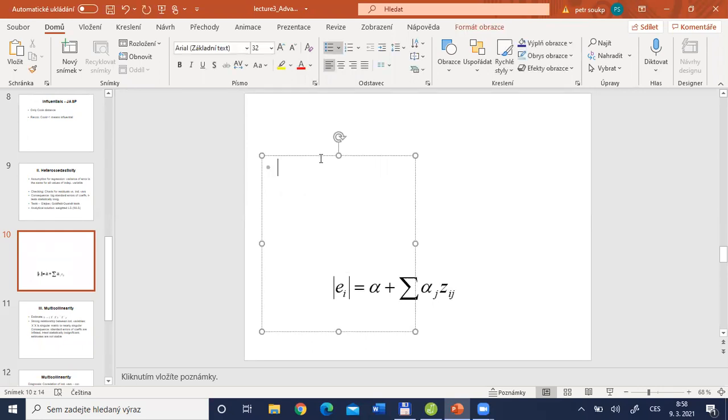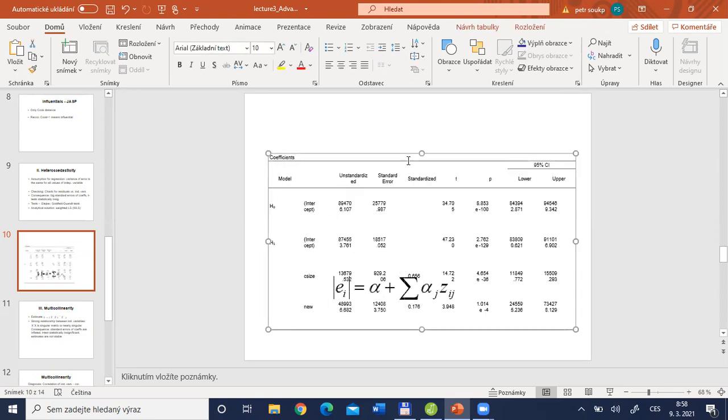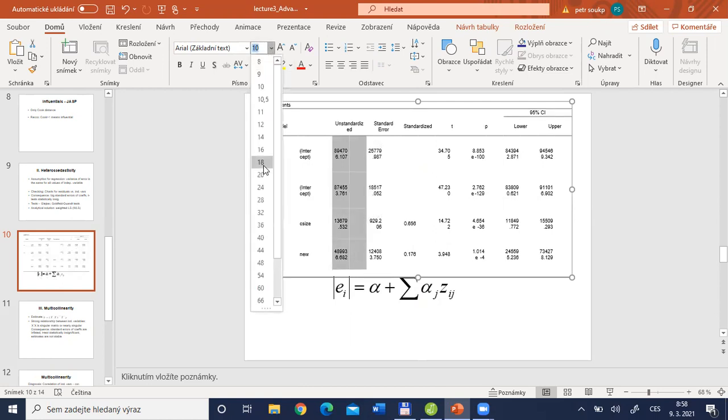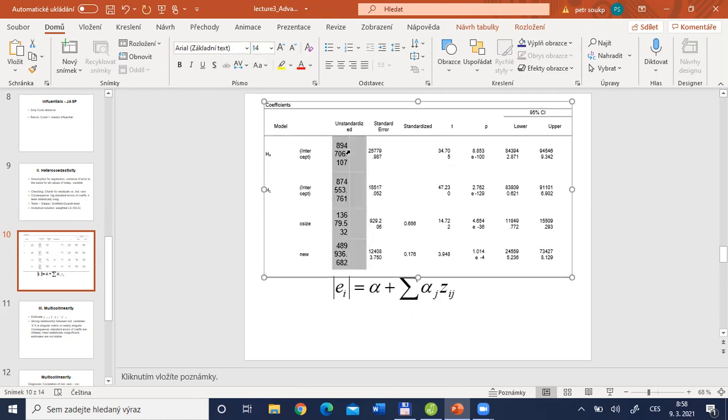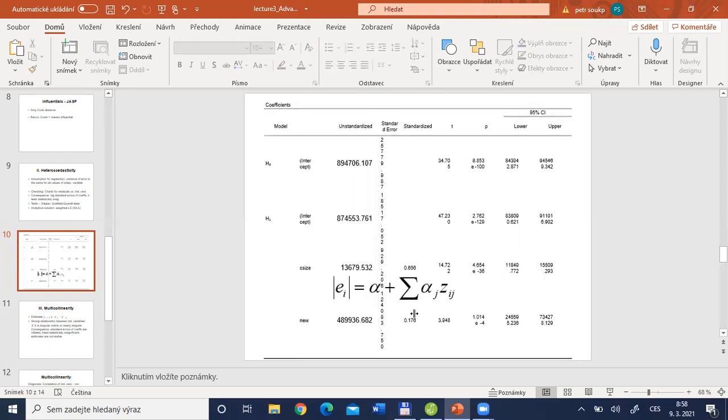Erase everything that's not necessary and have the values available for me. Here it is. And we would need at least these values to be bigger to see them. So it's too much. Okay, so now it seems we are at least able to read these values.